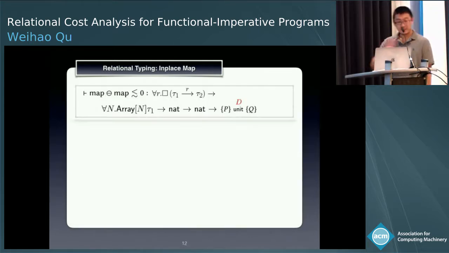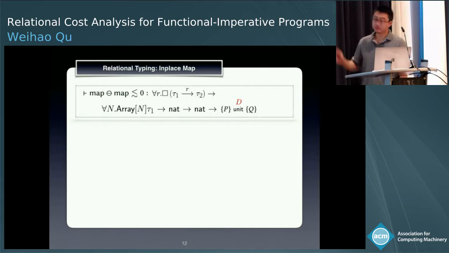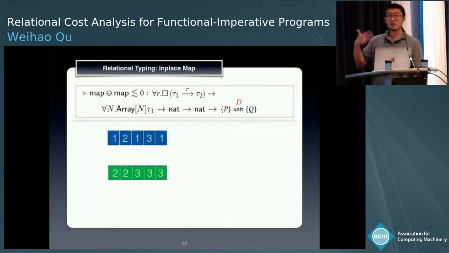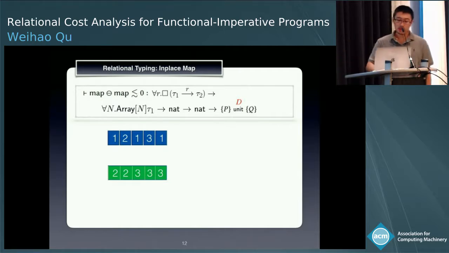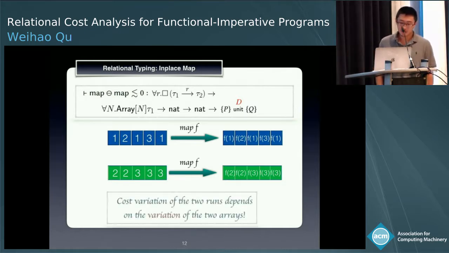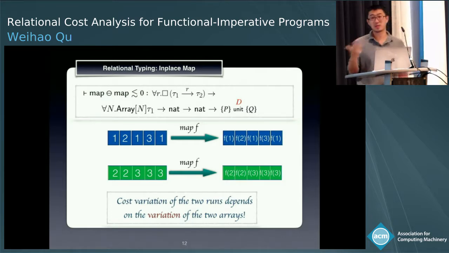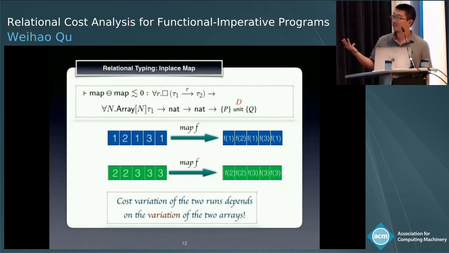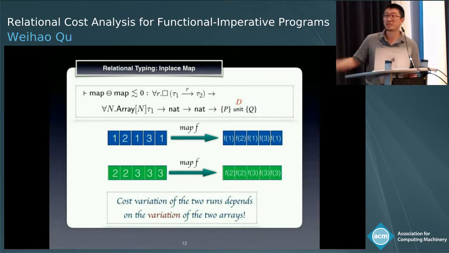To better understand this map function, I want to start with two arrays. Right now, these two arrays have the same length, but the content may differ. And since we have the same mapping function f, we can figure out that the cost variation of these two runs will depend on the variation of these two arrays.